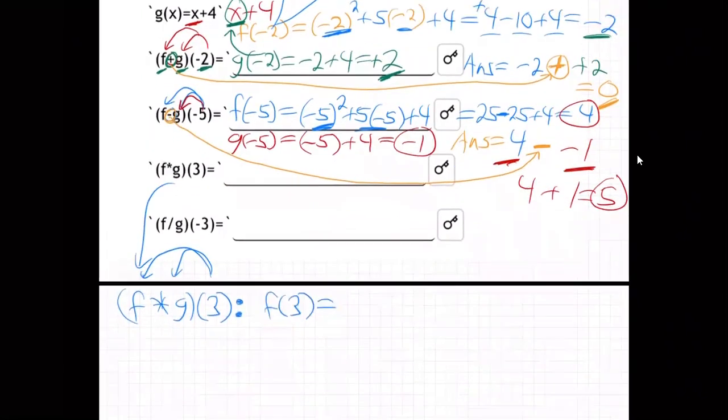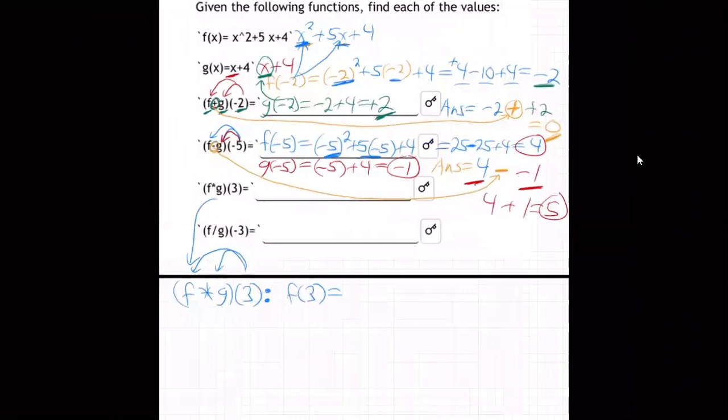What do we get when we plug 3 into f? Remember, you plug in with parentheses whenever you plug into a function. That's 9, 15, and 4. What's that? 28. And 28 is what we get when we plug 3 in there.